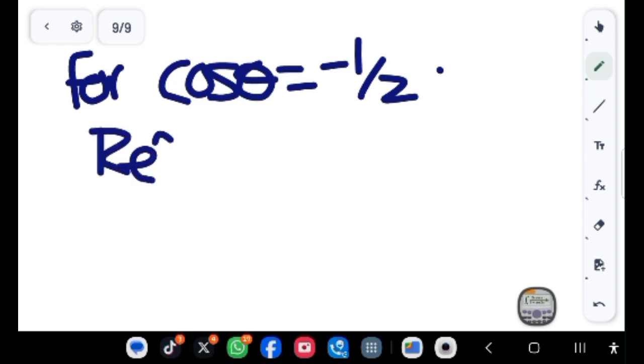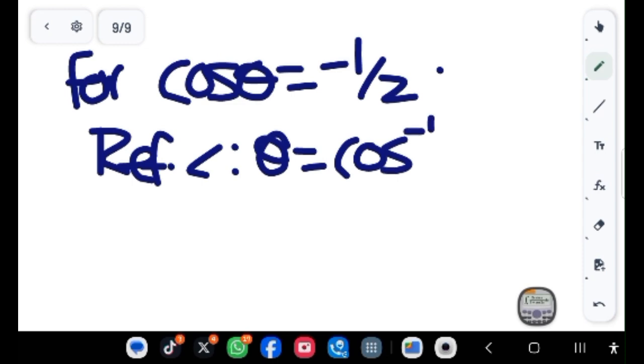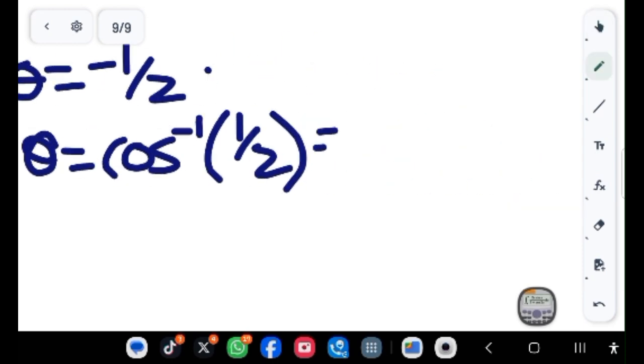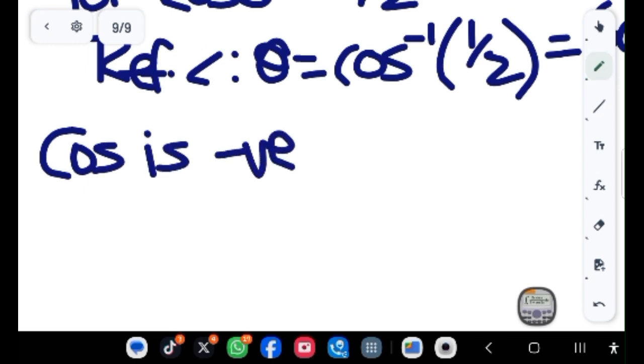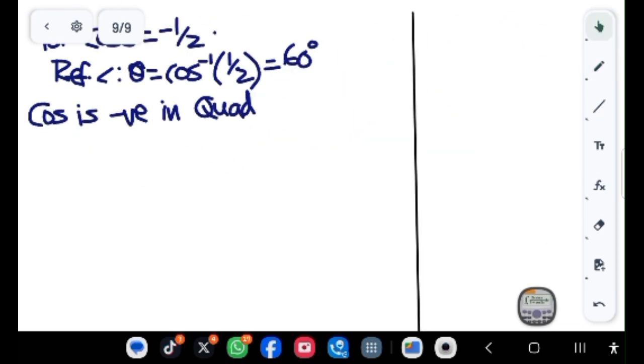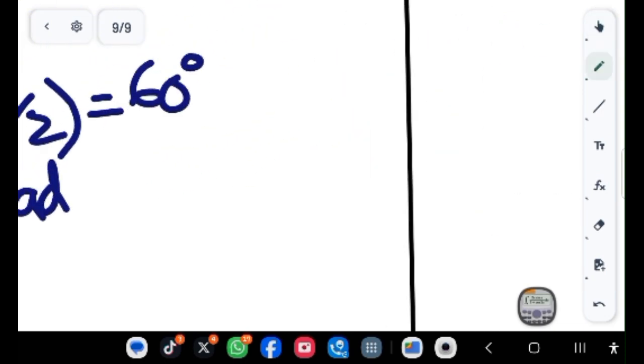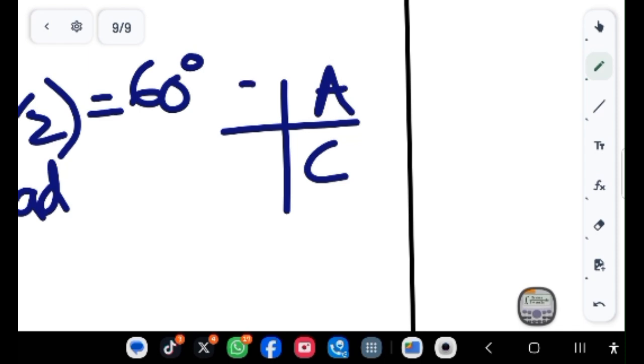The reference angle is theta equals cos to the minus 1 of positive 1 over 2, and that gives us 60 degrees, like we already calculated. Now cos is negative in quadrant 2 and 3.